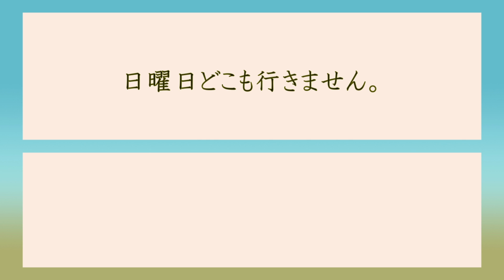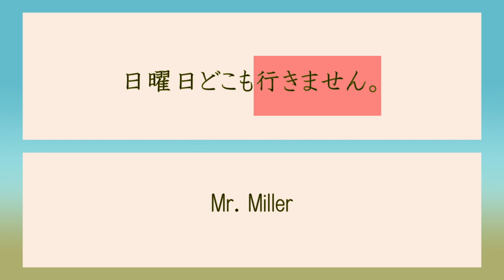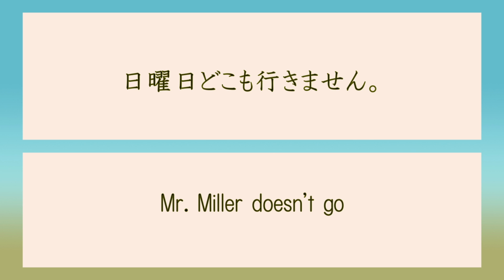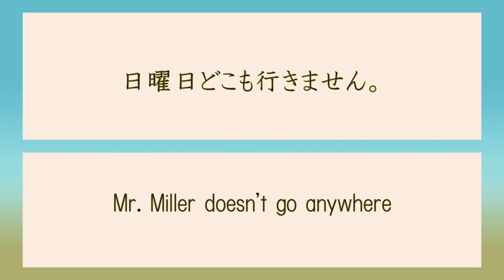The final sentence, Nichiyobi dokomo ikimasen, yasumimasu. So again, we don't have a topic, so we are still talking about Mr. Miller. The verb is ikimasen, to go, but this time negative, right? So he doesn't go. And then we go backwards, we have dokomo. Dokomo means anywhere, so it's actually an expression that means he doesn't go anywhere. And then we have a time indicator when we go backwards, Nichiyobi, Sunday.